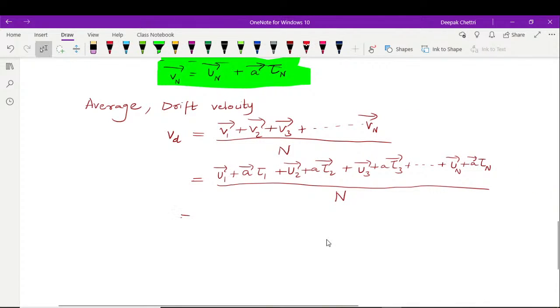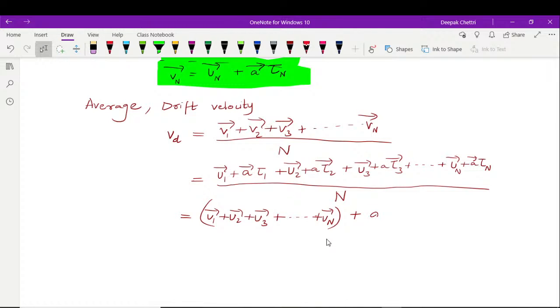Now what I can do here, I can group the u's together: u1, u2, u3, up to un. I'm just making a group. What is left now is a tau 1, a tau 2, a tau 3, and so on.